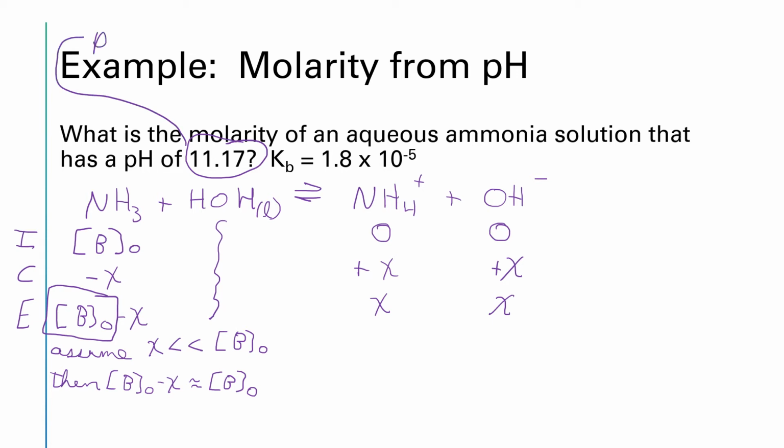If the pH is equal to 11.17 and we want to get to the hydroxide ion molarity, we're going to have to go through either the hydrogen ion molarity or pOH. I prefer doing this through pOH. So pOH will be 14 minus pH.